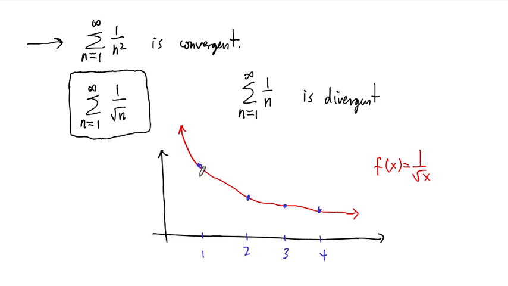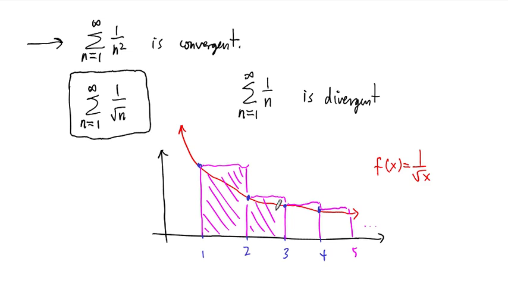In this example, what I want to do is draw the boxes still, but draw them so that the terms of the sequence of the series are the left end points of the boxes. So these boxes are all a little bit bigger than the curve itself, right? And so the idea is now the sum is equal to the sum of the areas of these boxes.